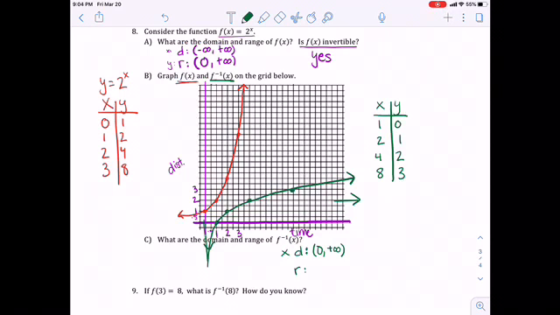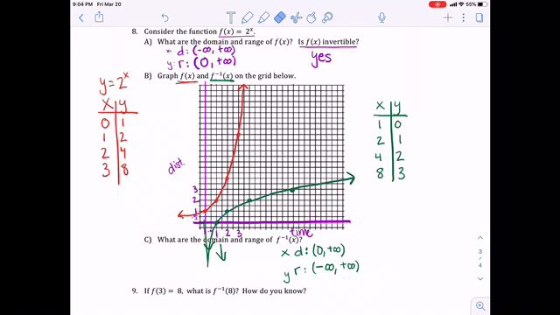Now range, which remember is the y values, those are our up and down values. Heading down, can you see how the graph will go down forever and ever, so it goes to negative infinity. And heading up, it goes to positive infinity, because it will keep going up forever.